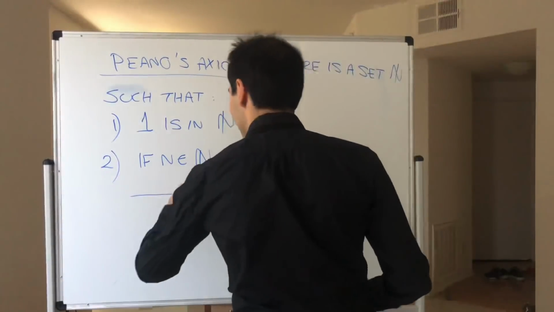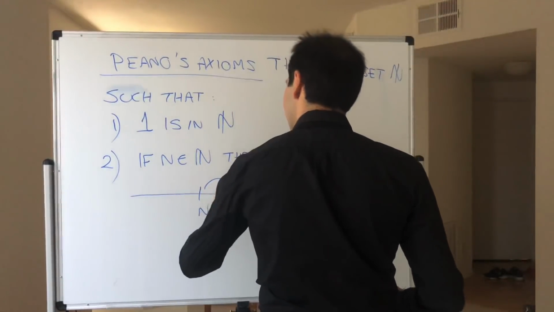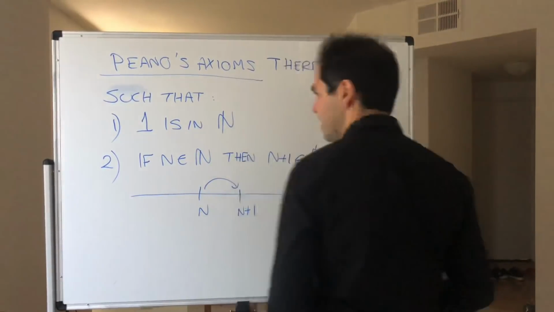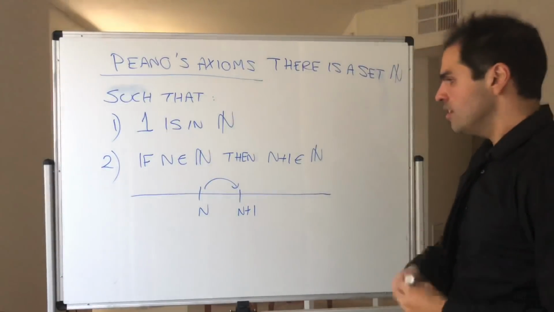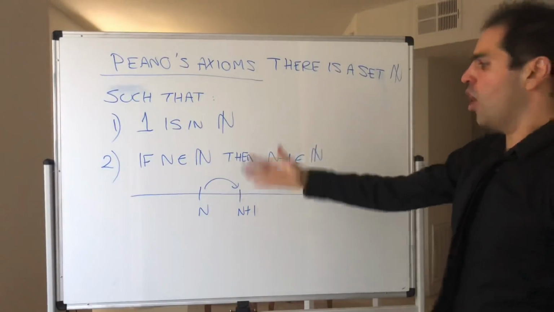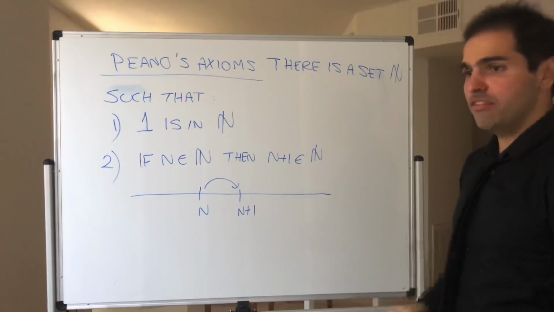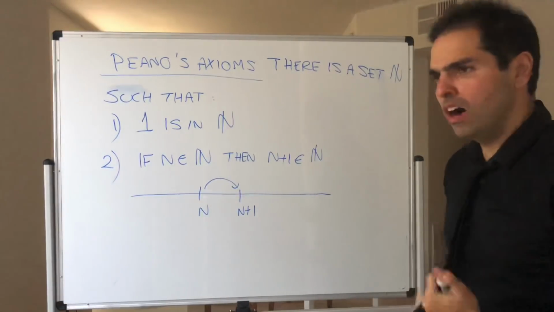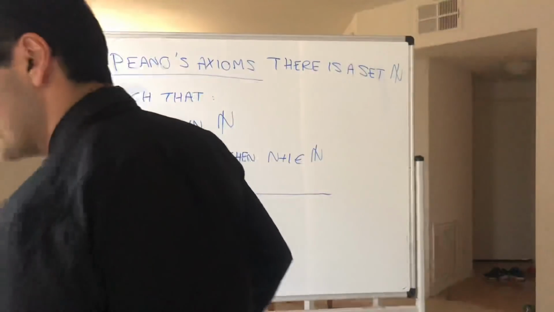In other words, if an integer n is in it, then the successor n plus 1 is in it. So you can always go forward, but very important, for the number 1 you cannot go backwards.